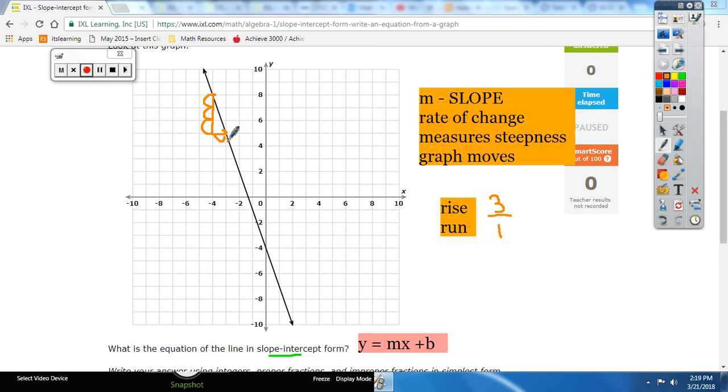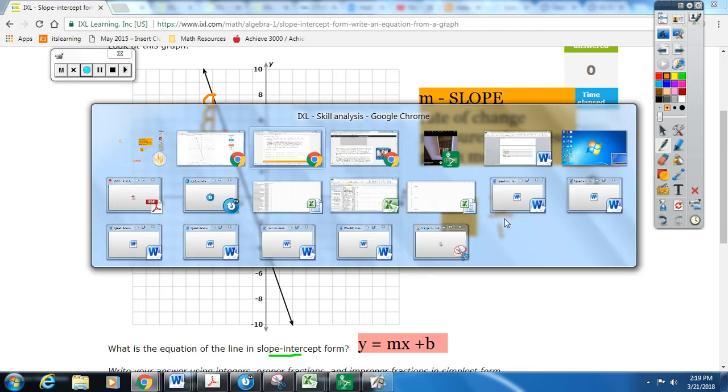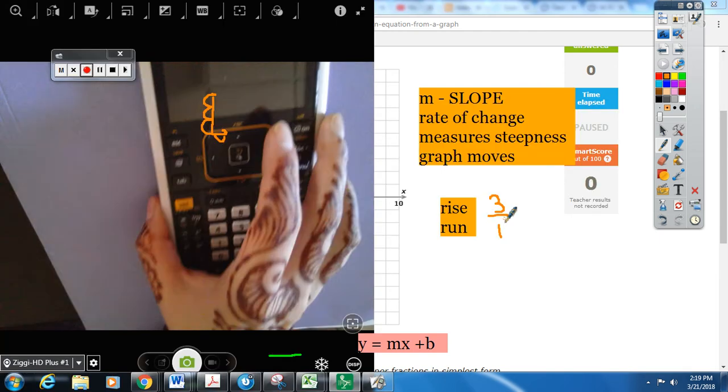Okay, I'm going to repeat that again. I pick 2 points. Here's 1 point, here's another point. Draw a triangle, and count how many it rises over the run. It rises 3: 1, 2, 3, so I put 3 over 1. I'm going to reduce this in my calculator. Here's my calculator. Turn it on.